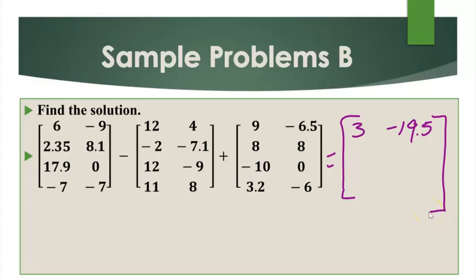Next we have 2.35, and we're subtracting a -2. That gives you 4.35. Then we're adding 8 to that. That gives us 12.35.